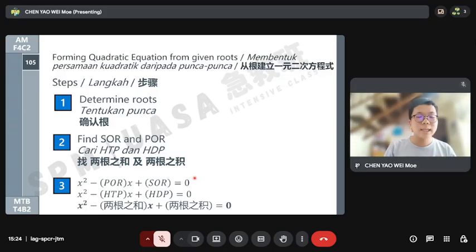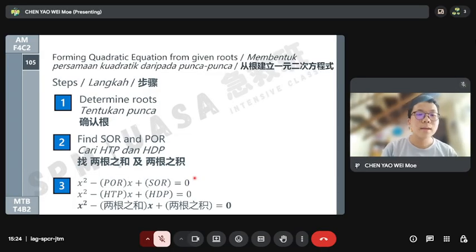If both of the roots are reciprocal, how do we say that? Reciprocal means it will present a fraction number, a fraction variable.